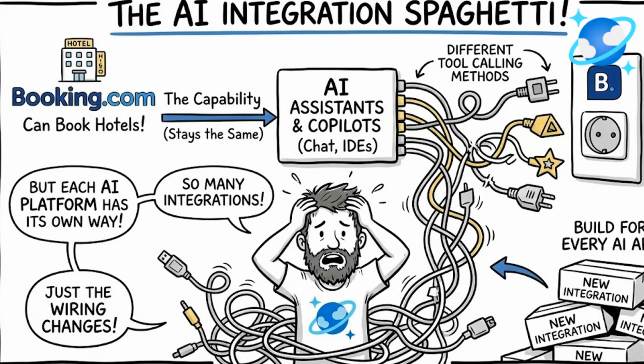Each AI platform has its own way of calling tools, its own format, its own expectations. The result is a very messy environment: a lot of cables, a lot of adapters, and the developer stuck in the middle trying to keep it all working. So every new AI app means a new integration, not because the business logic changes, but because of the wiring and integrations that we have to do.